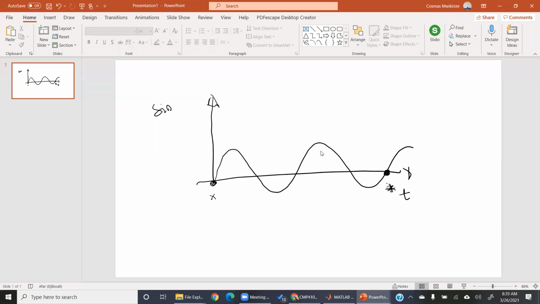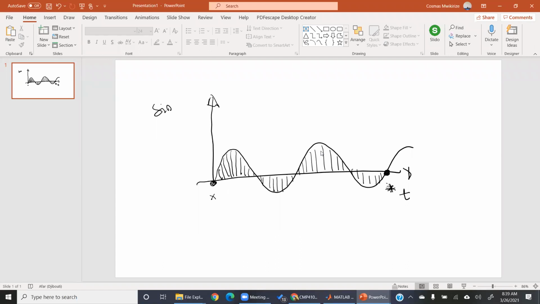But more importantly, we need to define this time, I'll call it a time vector for now, that tells us how many samples we need in this signal.